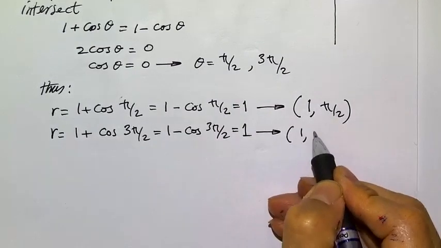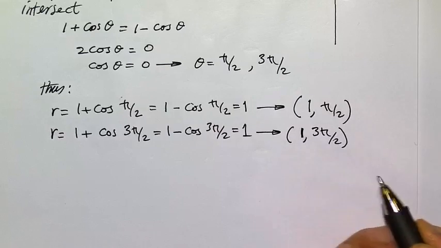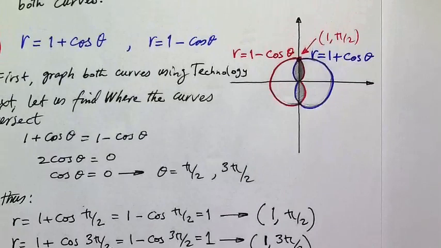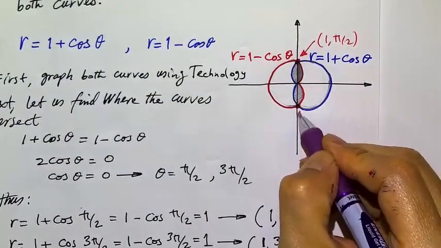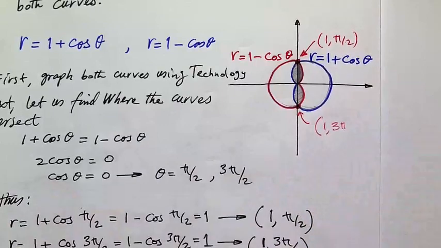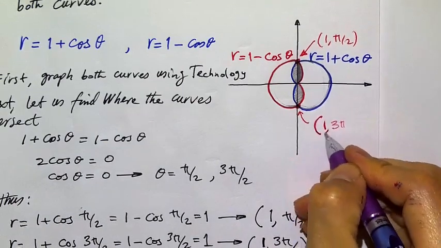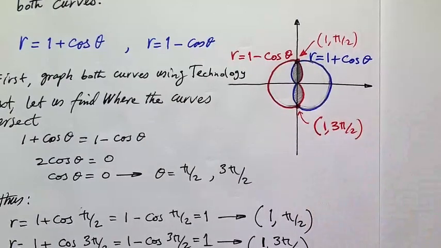So we have 1 comma 3 pi over 2. And so that one will be this point right here. Oops, my ink is drying here. 1 comma 3 pi over 2.